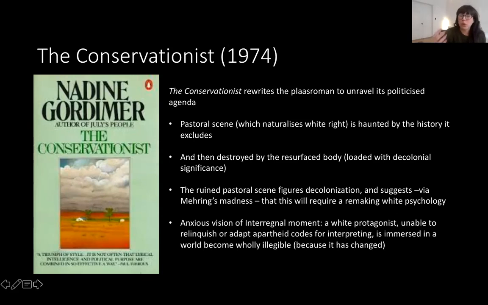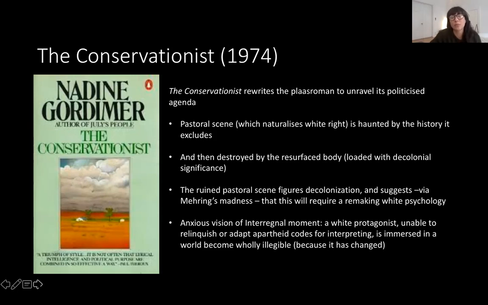It is then destroyed by the resurfaced body, which is loaded with decolonial significance. So the ruined pastoral scene figures decolonization, and it also suggests, via Meiring's madness, that decolonization will require a remaking of white psychology.